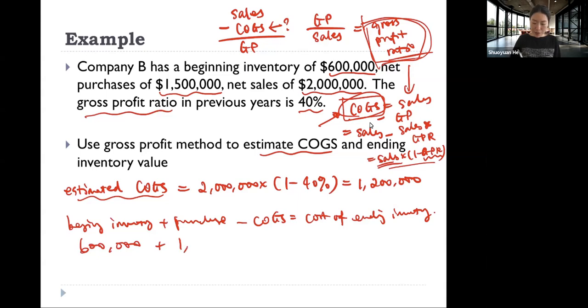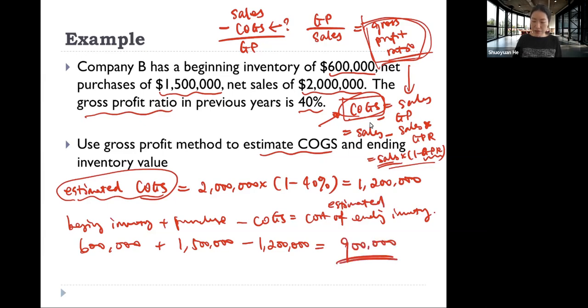The net purchase is 1,500,000. And we know the estimated cost of goods sold is 1,200,000. So the estimated cost of the ending inventory is 900,000. So it's these two numbers. So this is the gross profit method.